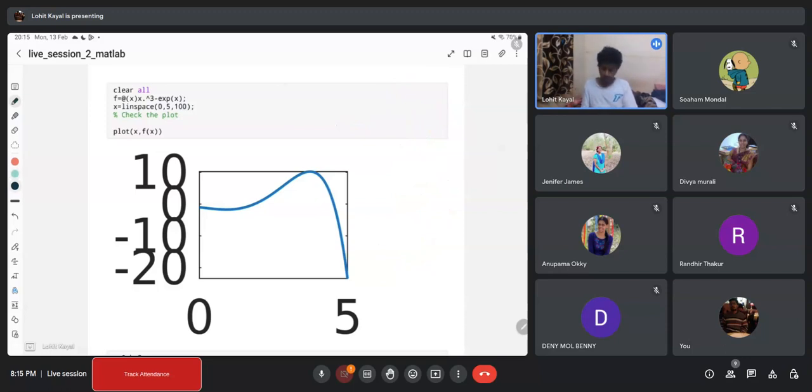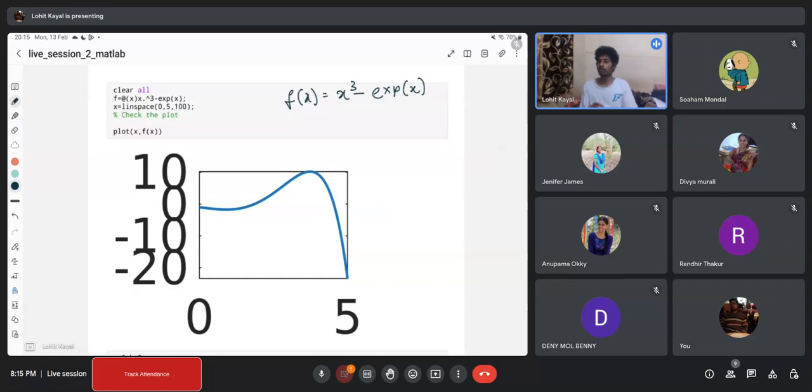Here my function is f(x) equal to x cube minus exp of x.